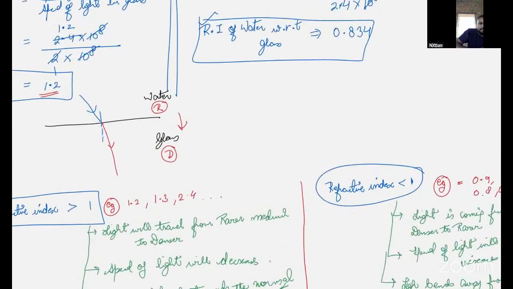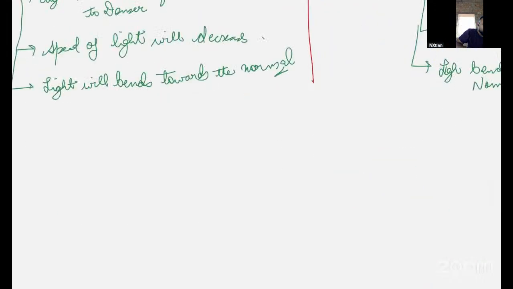Okay, we'll understand this question. Please pay attention on the board. Can you hear me? Am I audible? Quickly, I will solve this. Now, the refractive index of diamond is given, which is 2.